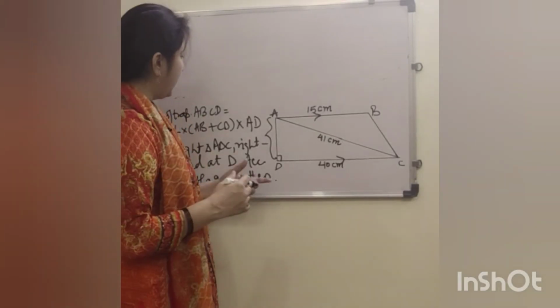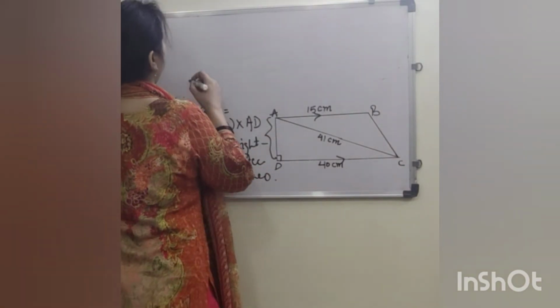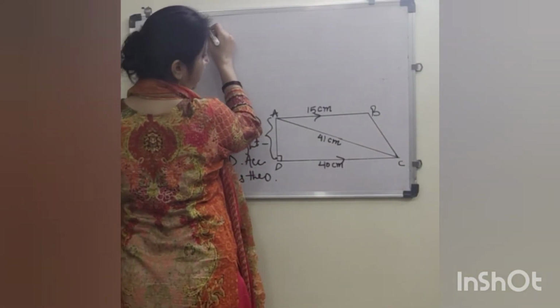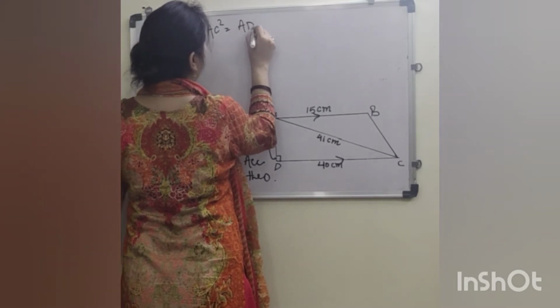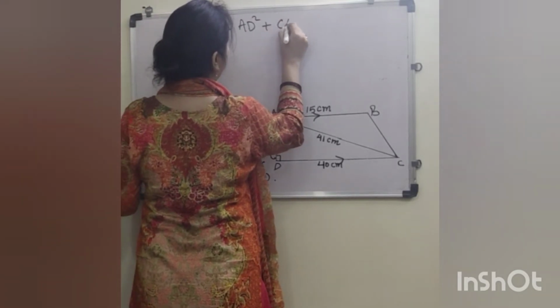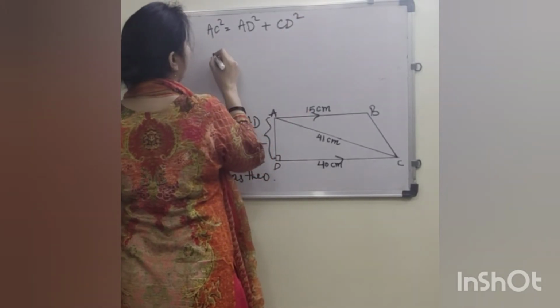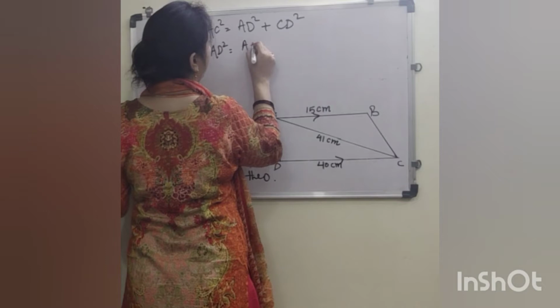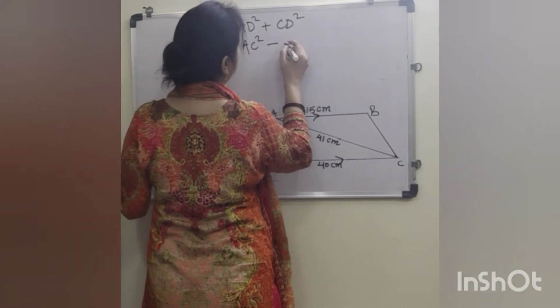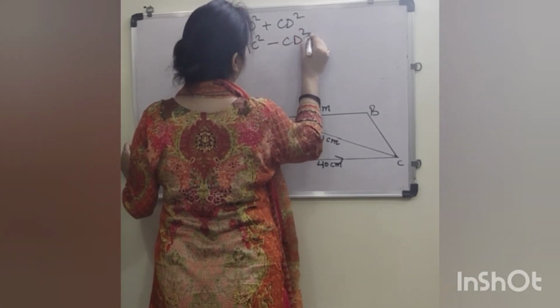When we apply Pythagoras theorem in this question, according to Pythagoras theorem, you have AC square is equal to AD square plus CD square. You need AD square. So AD square is equal to AC square minus CD square.